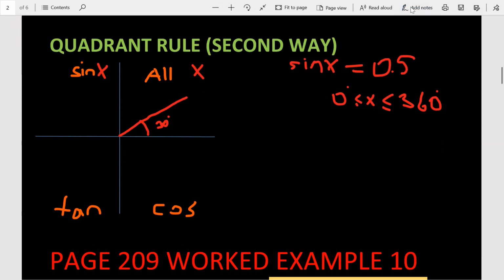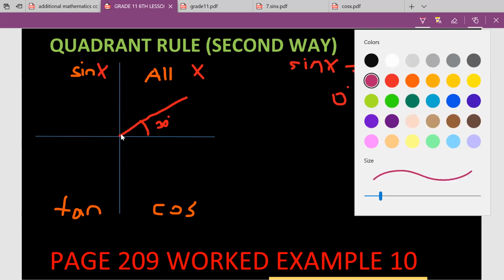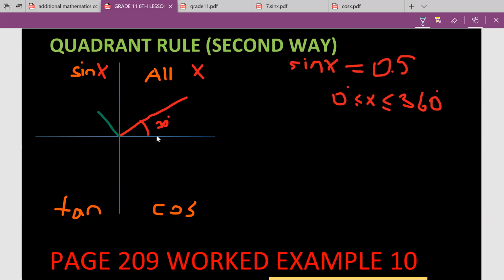Let me graph with a different color. Let's change the color of pen, green one. So our second angle is this one. First solution is 30 degree. Second solution is here. In the second quadrant, we will try to find this x value. To find it, if you remember, we find an acute angle between OP line and x-axis.